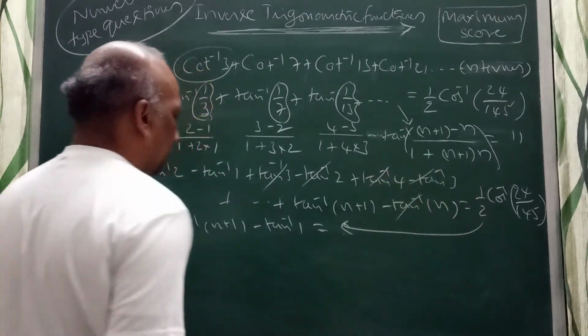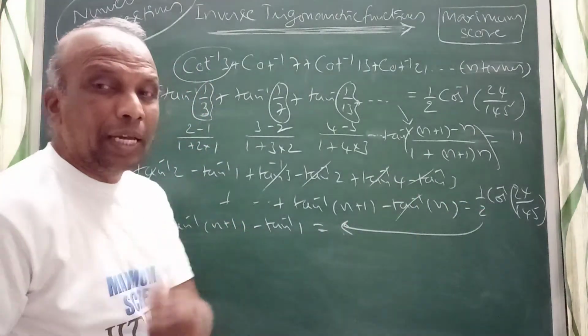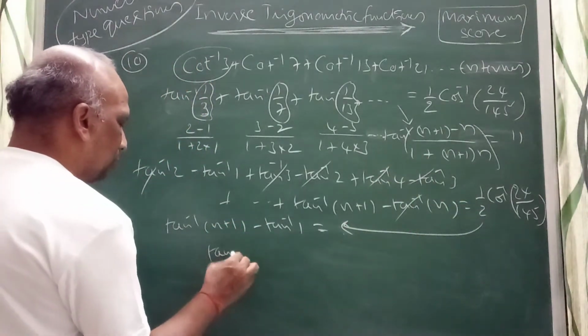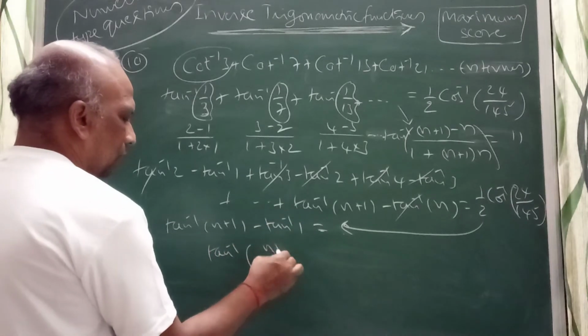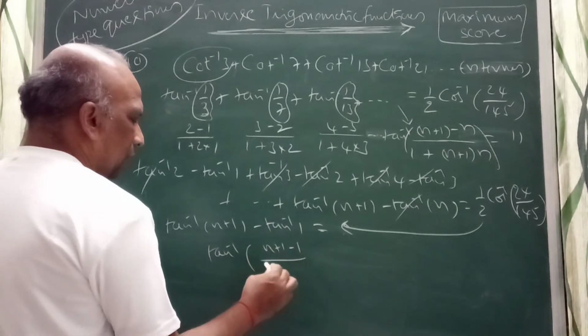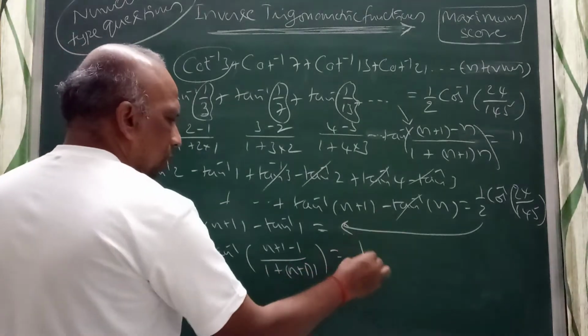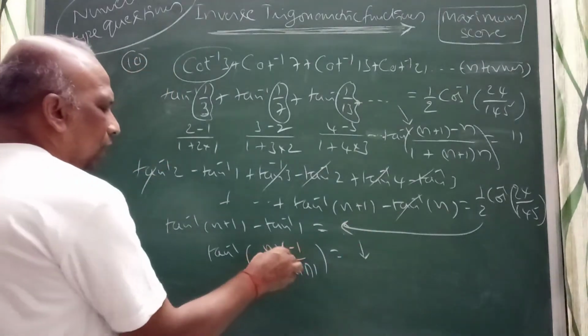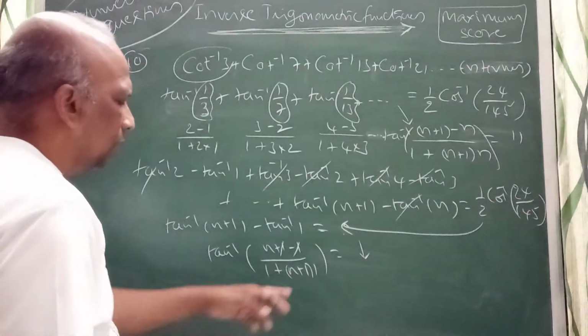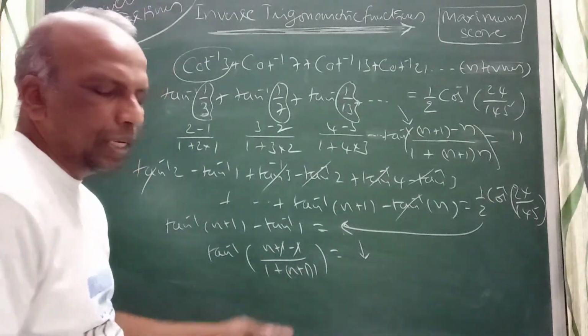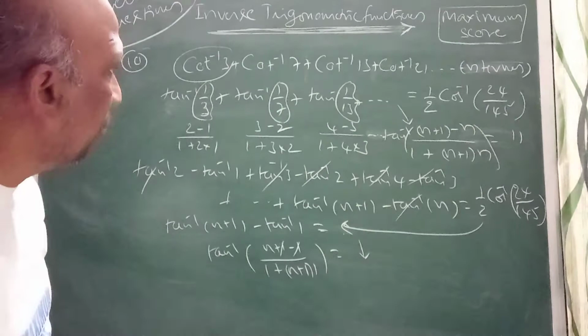What is tan inverse x minus tan inverse y? You simplify this: tan inverse of (n plus 1 minus 1) by (1 plus n plus 1 into 1), which is equal to this one. Tan inverse of n by, you will get n plus 2, tan inverse n by n plus 2, correct?